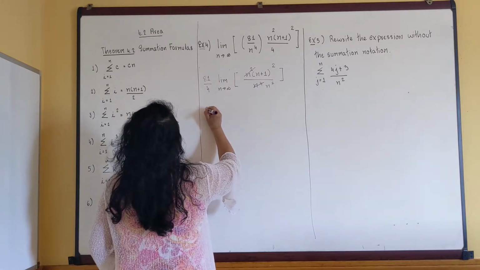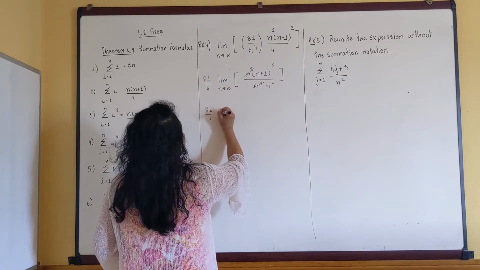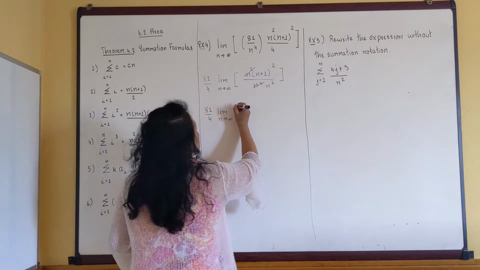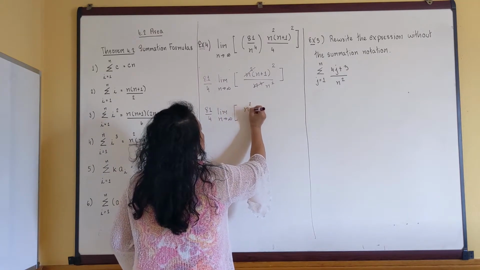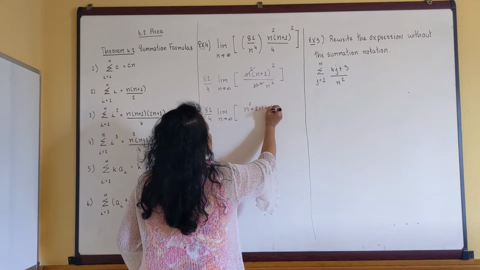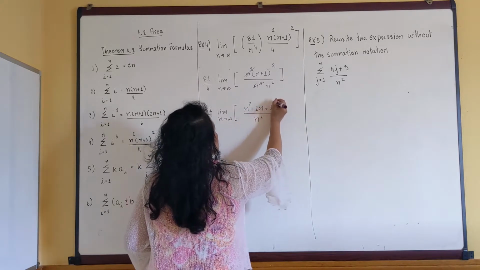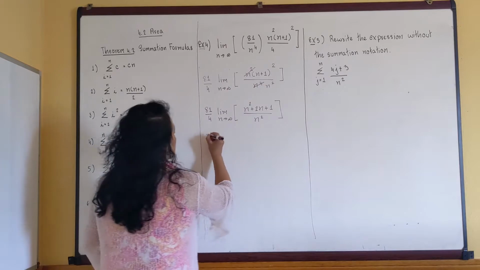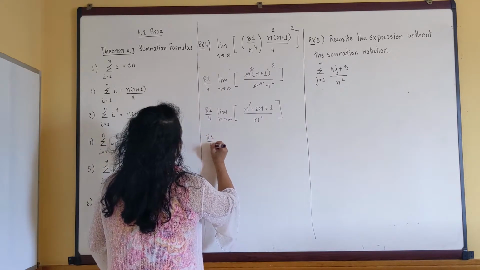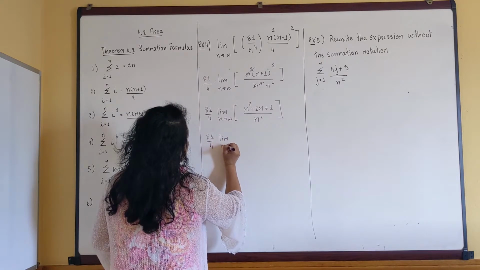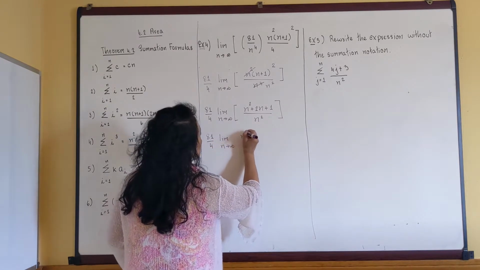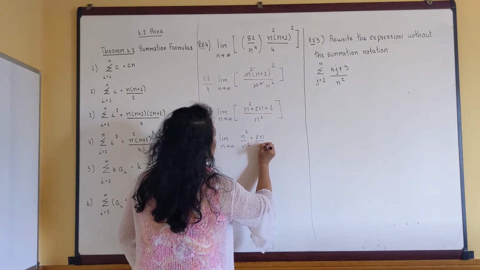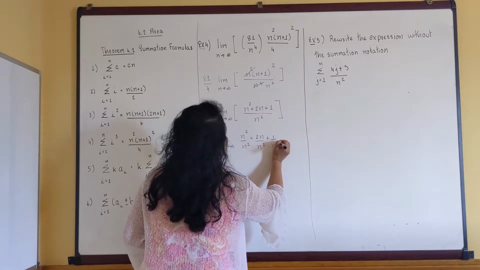So then I'm going to have 81 over 4 times the limit as n goes to infinity. I'm going to expand this term, then I'm going to have n squared plus 2n plus 1 over n squared. Next step I'm going to rewrite this: 81 over 4 limit as n goes to infinity, n squared over n squared plus 2n over n squared plus 1 over n squared.